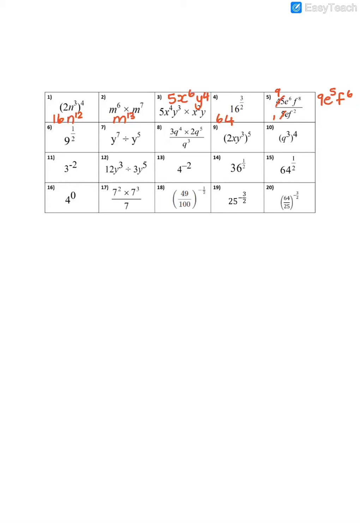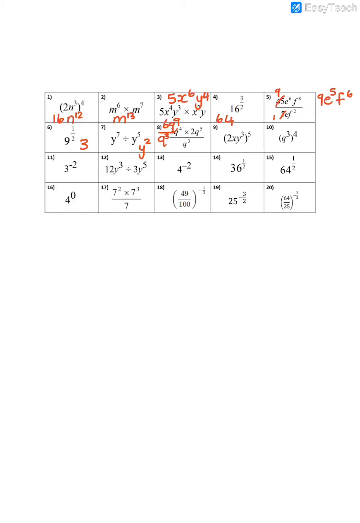Number 6 means the square root of 9, which is 3. Number 7, when you divide, you subtract the powers, so y to the power of 2. Number 8 can be done in 2 stages. If you simplify the top, the numerator, you get 3 times 2 is 6, q to the power of 9 over q to the power of 3.